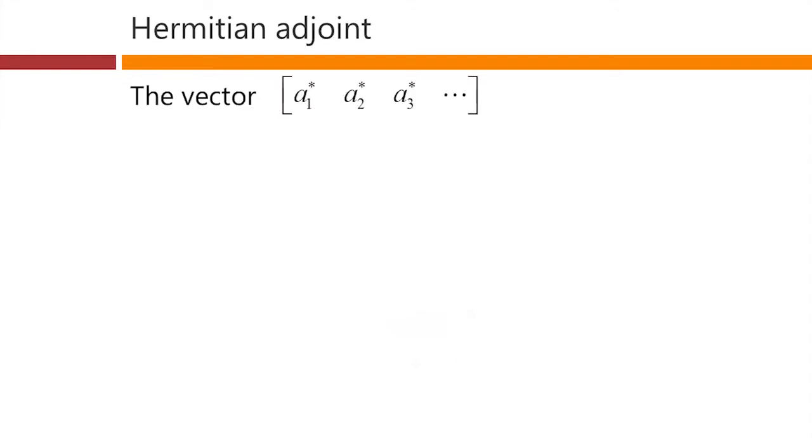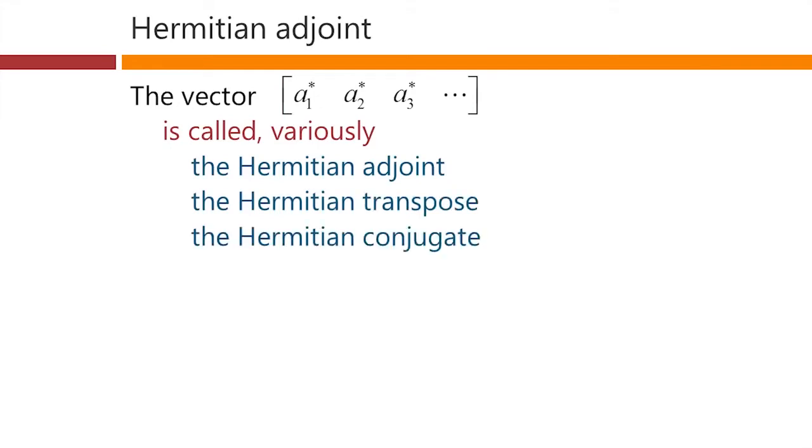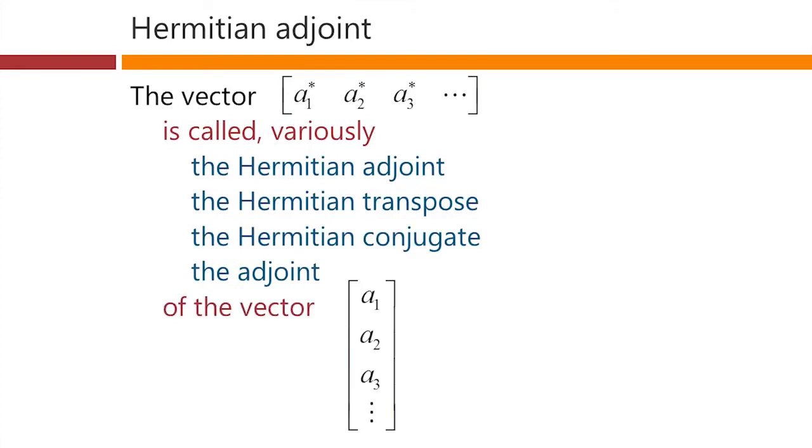Now, this vector with numbers a1 complex conjugated, a2 complex conjugated, and a3 complex conjugated, and so on, has various different possible names, and these include the Hermitian adjoint, the Hermitian transpose, the Hermitian conjugate, or possibly just the adjoint of this other vector with the non-complex conjugated elements in it and in a column rather than a row.